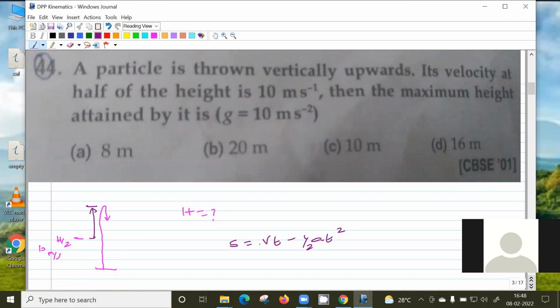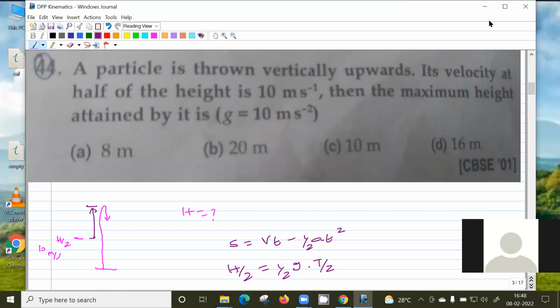I'm using v because v is 0. So s is h by 2. Acceleration is minus g, right? And t I have to find out.